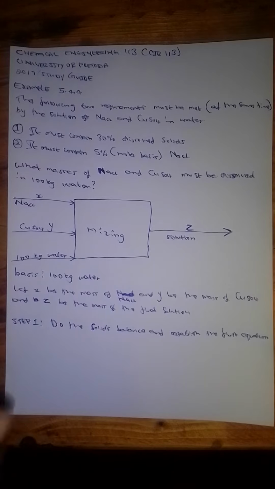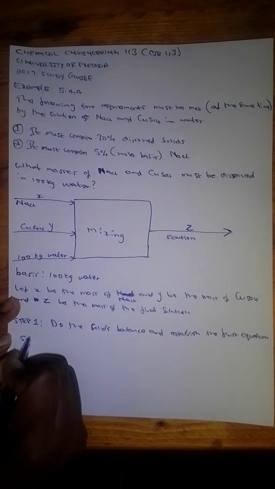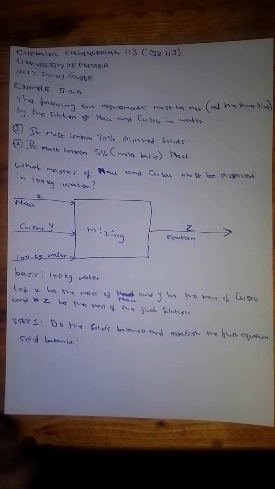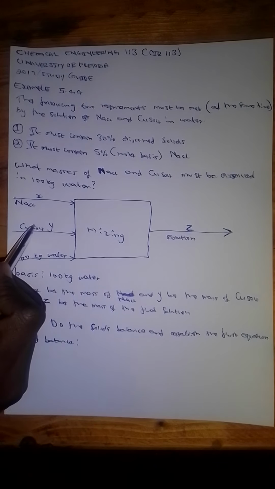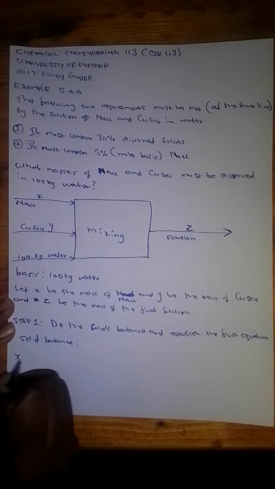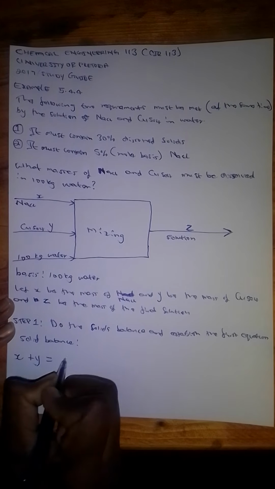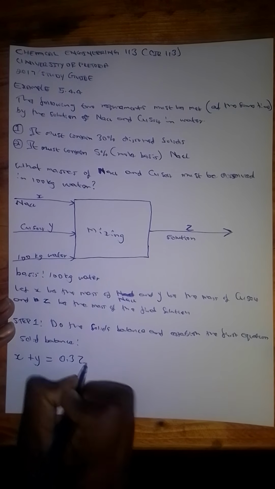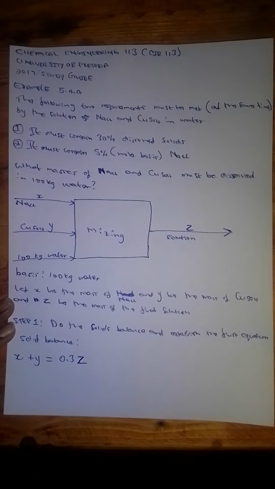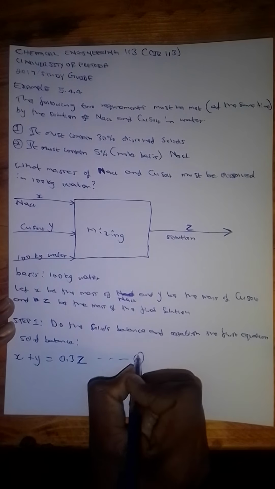For us to get the very first equation, we're going to be using the first requirement, that it needs to have 30% of dissolved solids, and that is actually the solids balance. We are told that this one and this one, all of them combined, need to be 30% of this. So we can just say X plus Y is equal to 0.3 Z. So this one combined is equal to 0.3 of that. So that is actually our first equation.